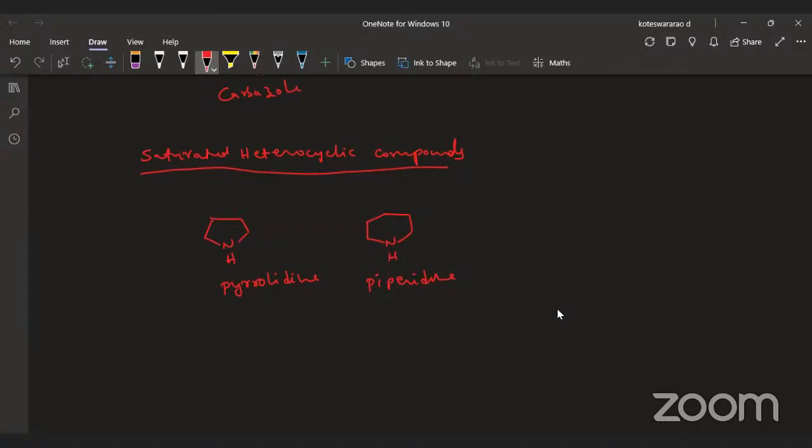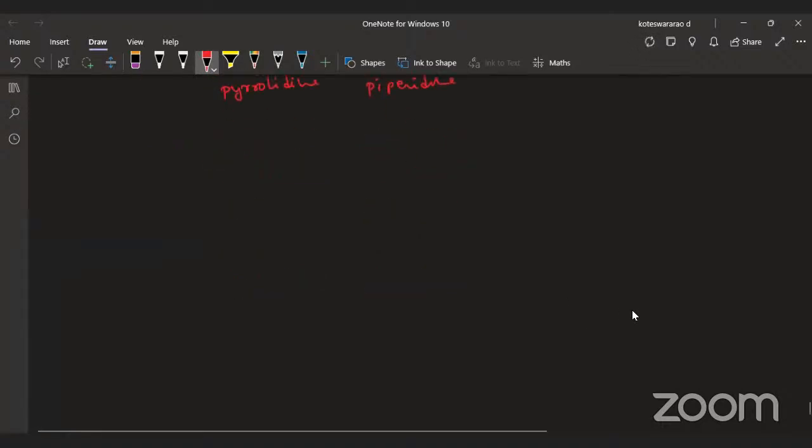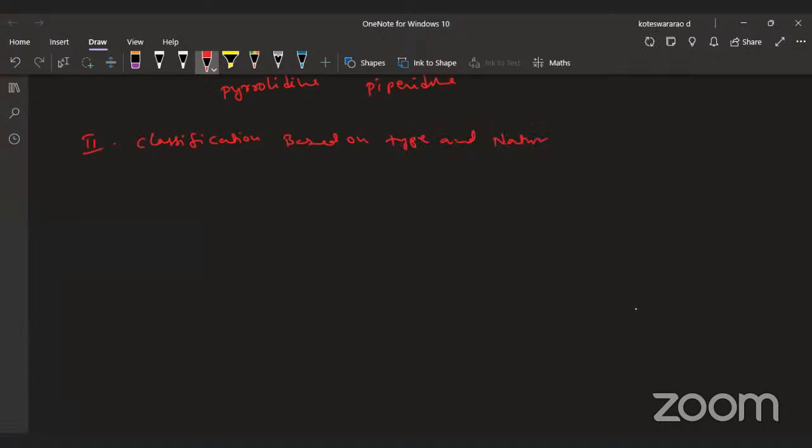Next, coming to classification based on the number of rings present, or ring size, or nature of the ring. The second type of classification is based on the type and nature of the ring.